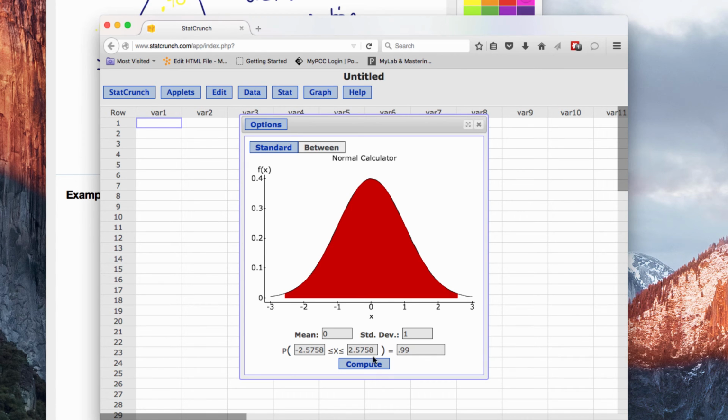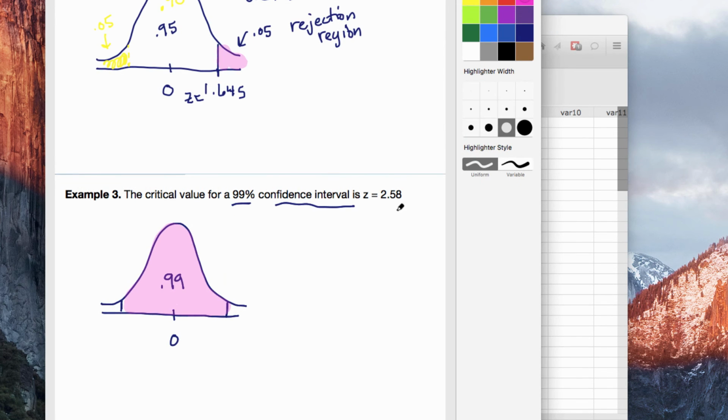So you can see how that rounds to 2.58, negative 2.58. You can also use 2.576 if you want to go out to 3 decimal places. Just some options there for when you're working by hand. So StatCrunch confirmed that 2.58 is that value.